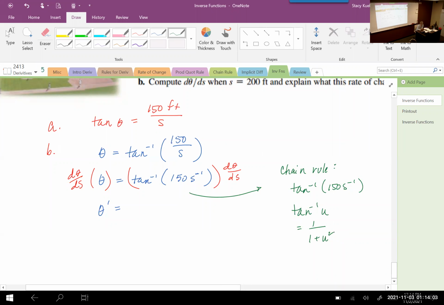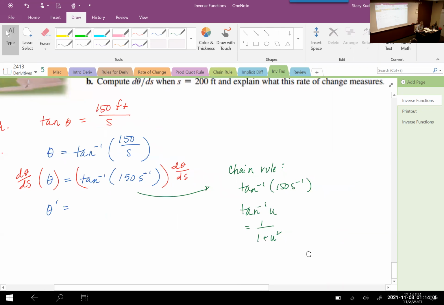Okay. And if u is equal to 150 s to the -1, or 150 over s, whichever one you want to look at it as, what is u prime? Bring the -1 down, that would be -150 s to the -2.